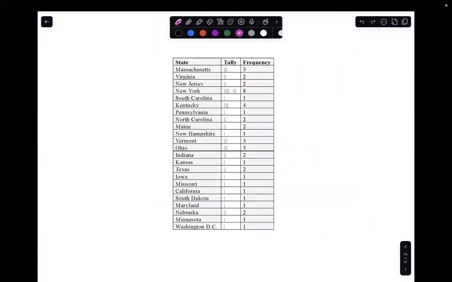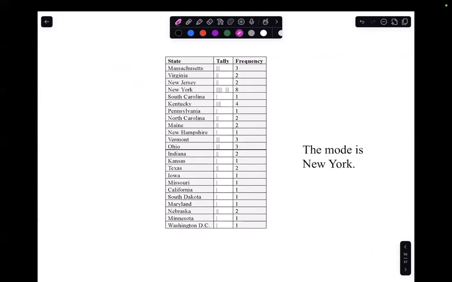And you can see right here that New York is significantly more than the rest of them. So my mode here is just New York. That's it. There's nothing more exciting. We generally, as I said, use mode for categorical data. Otherwise, it's not super important. I mean, it's not something we use a lot.